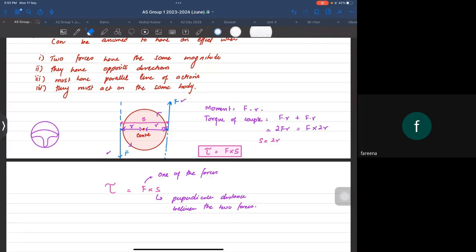So when you steer a car, you turn it somewhere. You might notice that the turning effect takes place because when you're turning, you're applying a force downwards here. You're also applying a force upwards. That's how the whole steering wheel turns. Right? So that's also a torque of a couple.